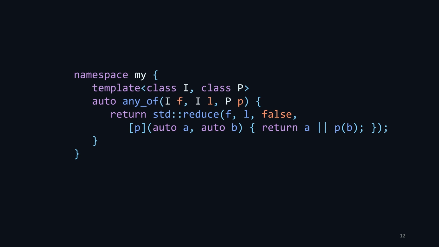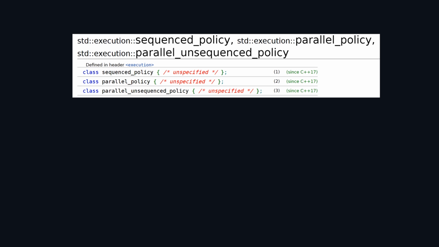So there's two more things to mention. One was noted earlier, and that is that the std::reduce from C++17 is a parallel algorithm. So I'm not going to go into much detail. Maybe I'll do this in a future video. But in C++17, we introduced execution policies, which can get used with any of the parallel algorithms.